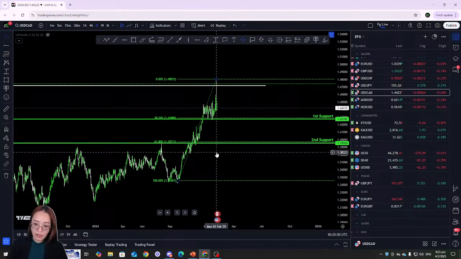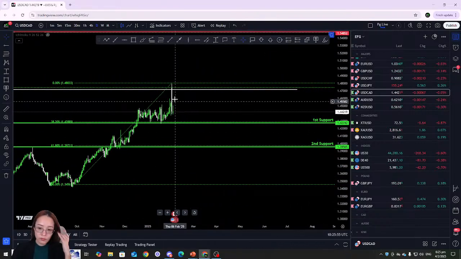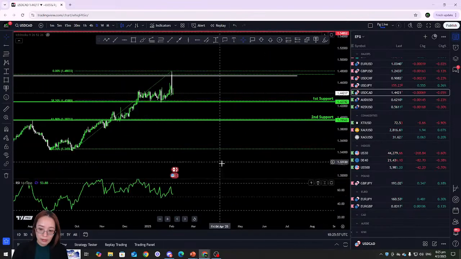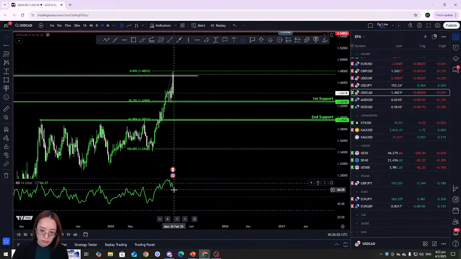This is lovely, right? This is the level. So we wait for price to pull back and then you're going to buy. Now weekly is overbought, right? Price is still falling at least 50%.